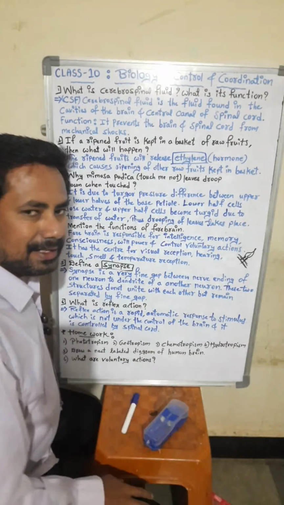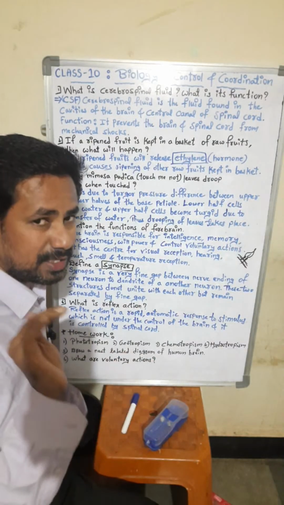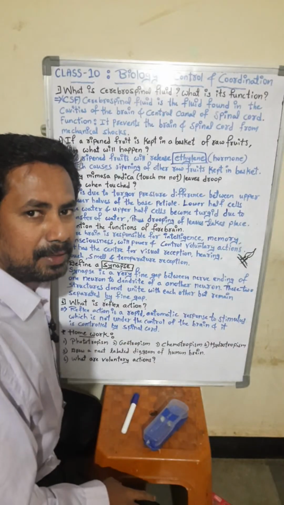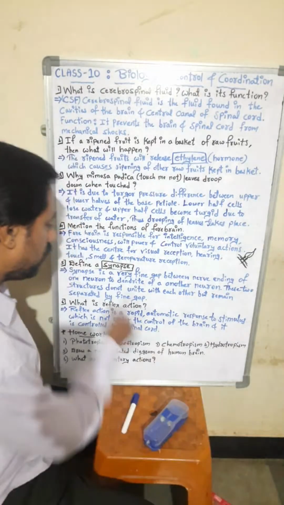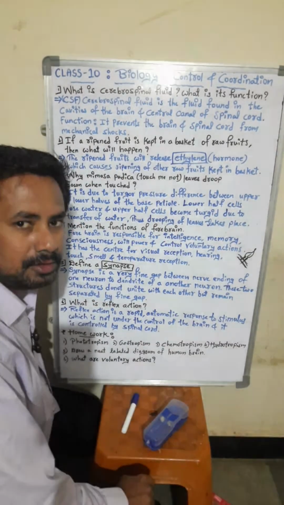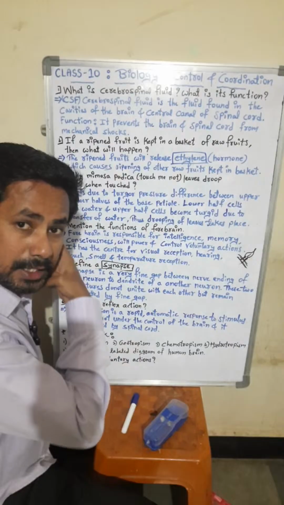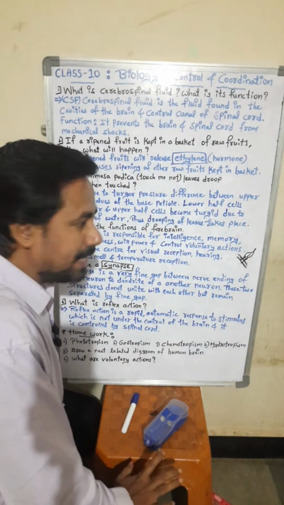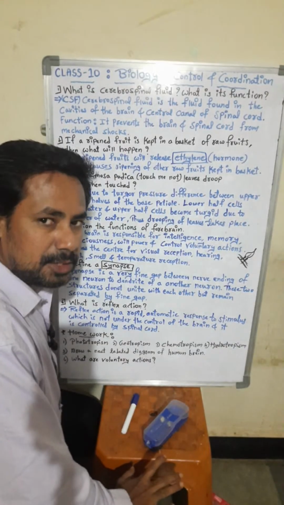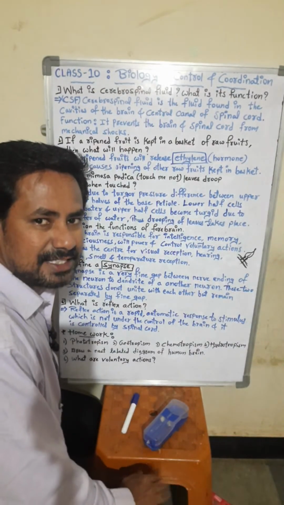If a snake comes in front of you, what will you do? Suddenly you will come back. Because of what? Reflex action. Who is controlling this reflex action? Our spinal cord is controlling the reflex action.